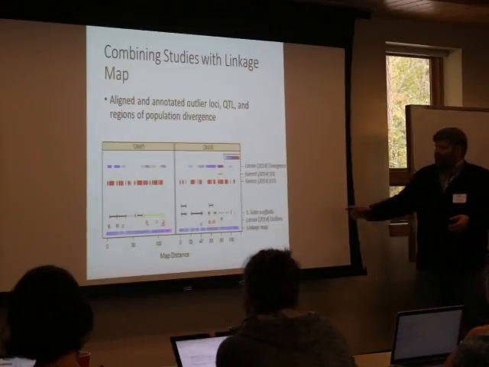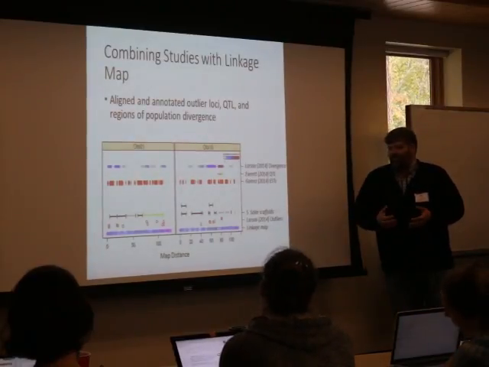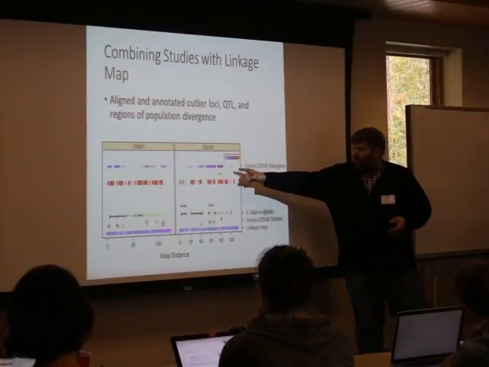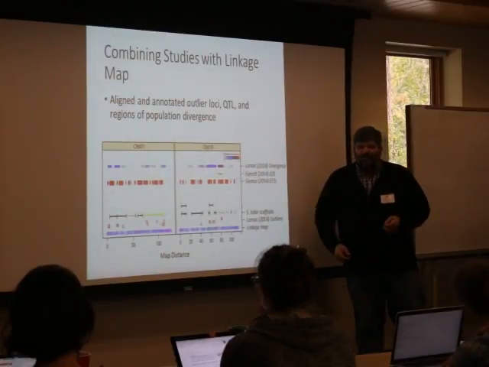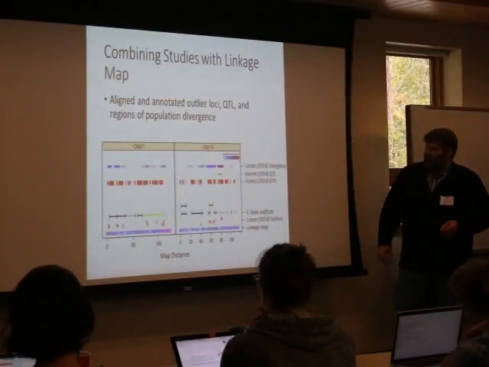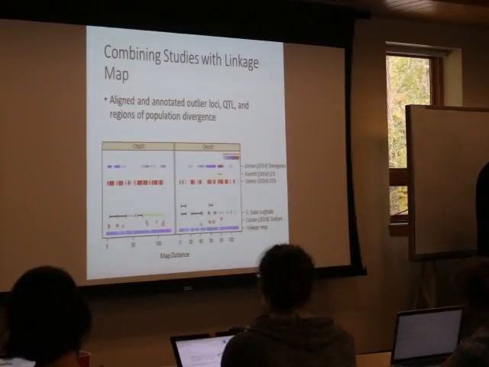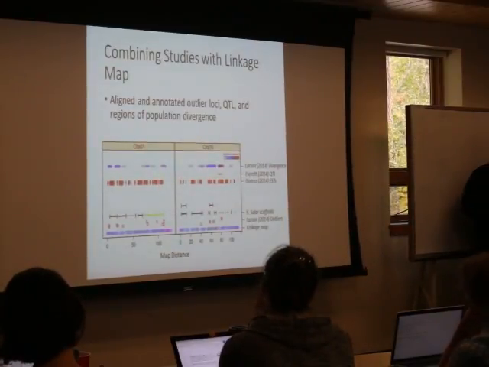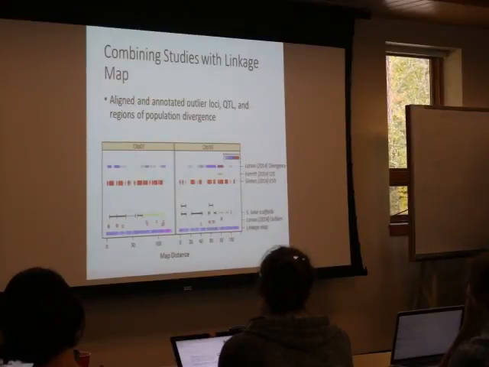In this case, we're able to look through all of these studies and identify regions that may be interesting. Here we have a QTL at the same region as elevated population divergence. But having the genome and the ESTs added to the linkage map, we're able to provide annotations.